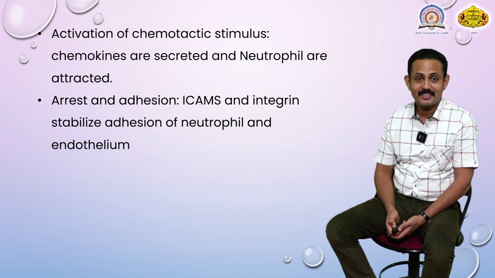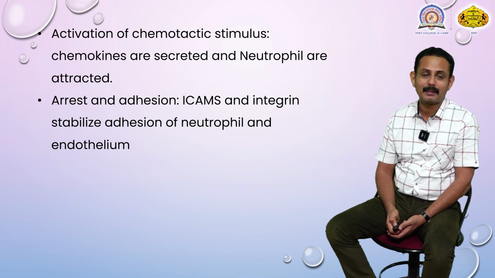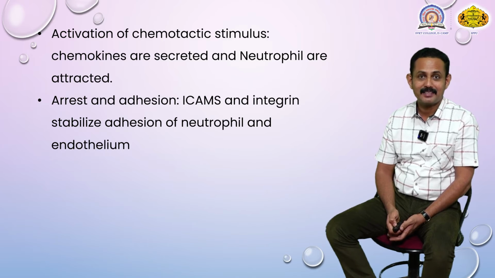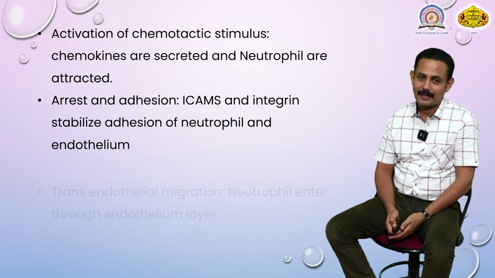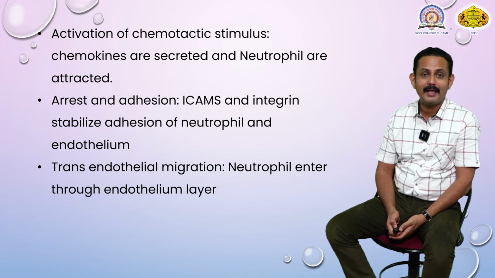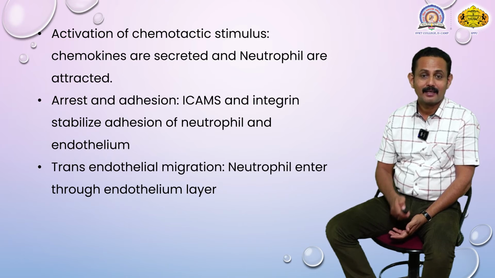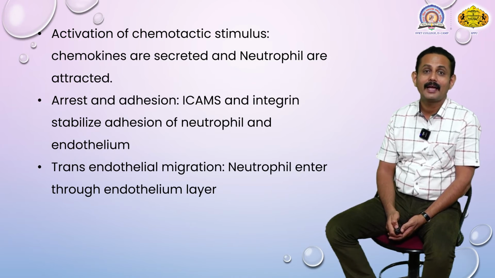They arrest and carry out attachment of ligands like the ICAMs ligand and integrin type of protein, and they stabilize and firmly attach the neutrophil at the endothelium. And these firmly attached neutrophils carry out their transendothelial migration, where the neutrophil enters the endothelium layer.